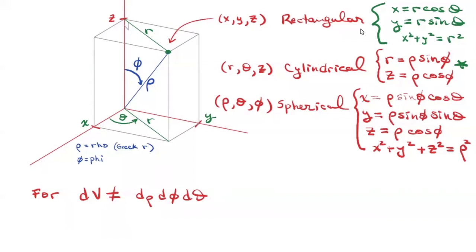We have to remember that when there is a transformation, you have to include a Jacobian. So for dV, you'd have to have the Jacobian of the transform of x, y, and z with respect to the new coordinates in our new coordinate system, which are rho, theta, and phi.